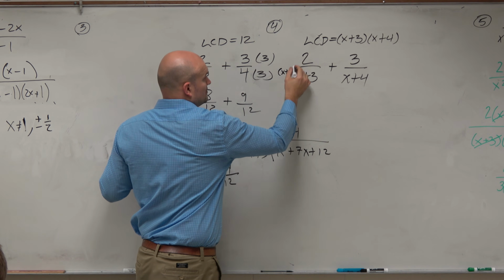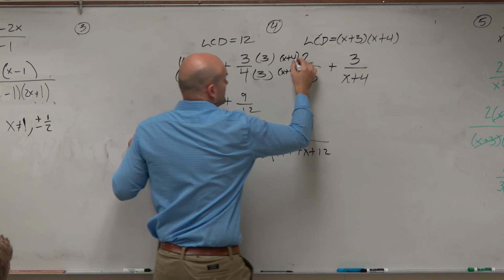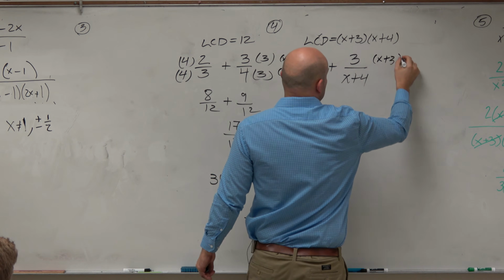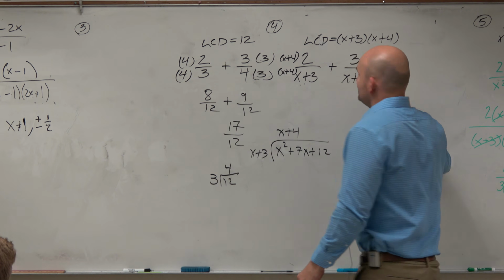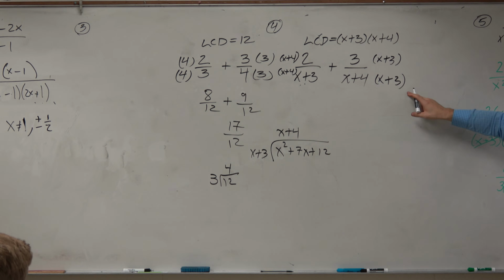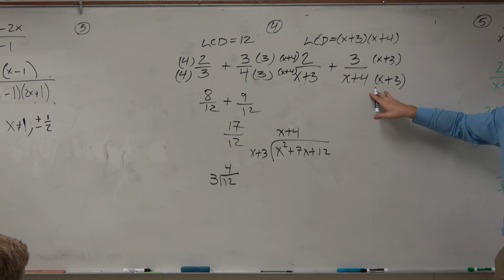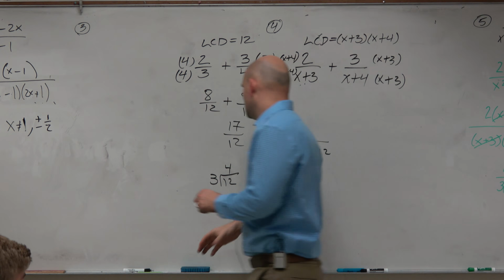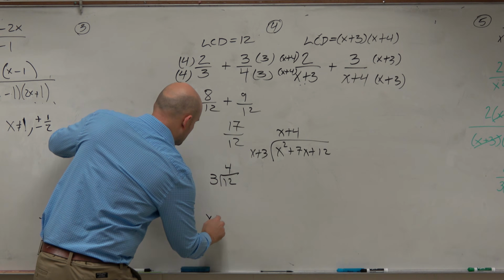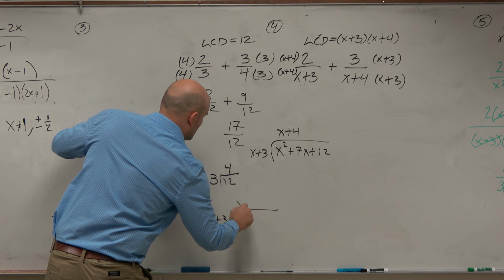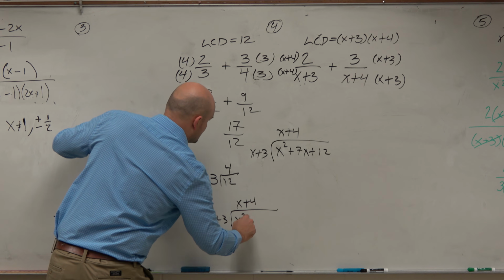What's the answer? Well, we've got a little work to do first. What we have to do is multiply each fraction by the other denominator to get to that common denominator. Let me actually write this down here.